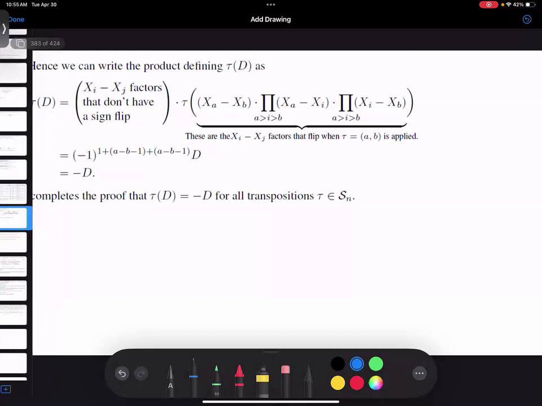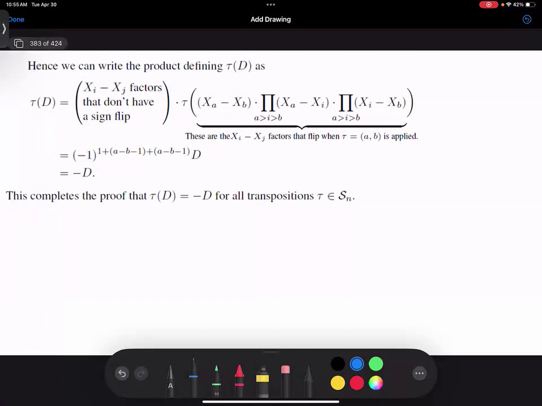One thing I guess that's worth mentioning is we now know that any permutation can be written as a product of transpositions. There is a situation where we use permutations, and permutations arise in determinants.